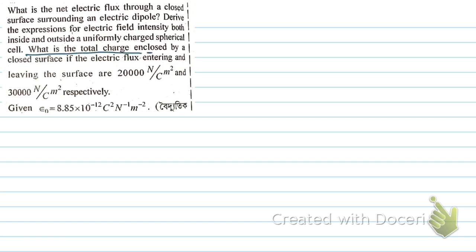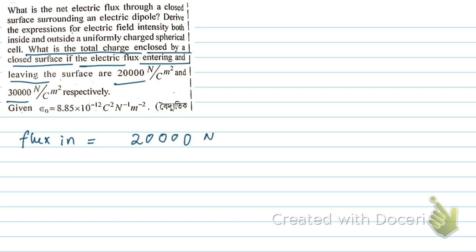What is the total charge enclosed by the closed surface if the electric flux entering and leaving the surface is this and this? So inward flux is 20,000 Newton meter square per coulomb, right?